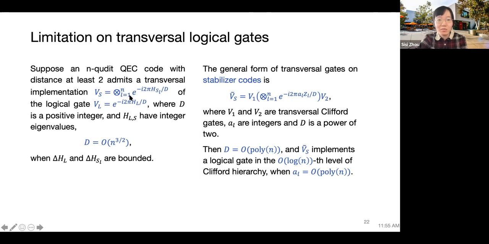So that's the reason why we need to study approximate covariance, because if D is too large, you can show that this code is going to have a very small delta. If it is continuous, then delta is going to be 0, but if it is discrete, delta is going to be small. So we can show that D cannot be too large, because delta has a polynomial lower bound with respect to N. So that's pretty much what's going on here.